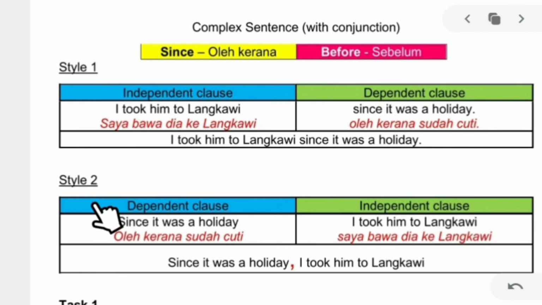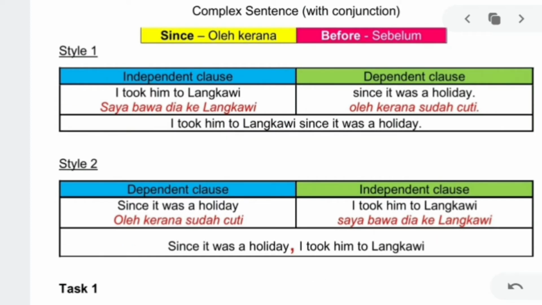However, for style number 2, you have to add a comma after the dependent clause. Walau bagaimanapun, untuk cara penulisan kedua ini, anda perlu meletakkan koma selepas dependent clause ditulis. Since it was a holiday, I took him to Langkawi.